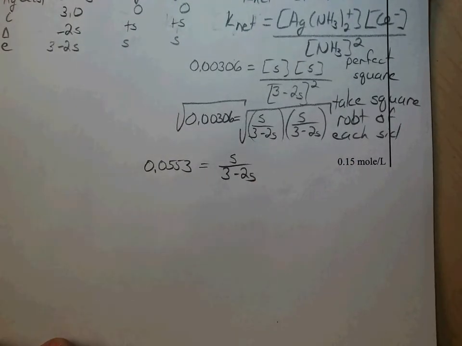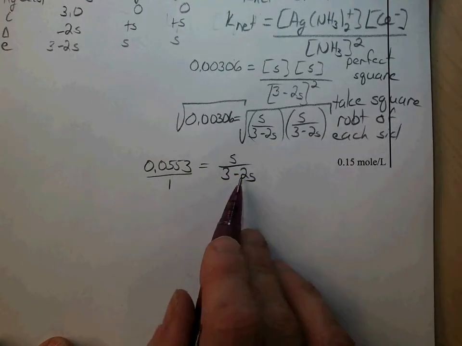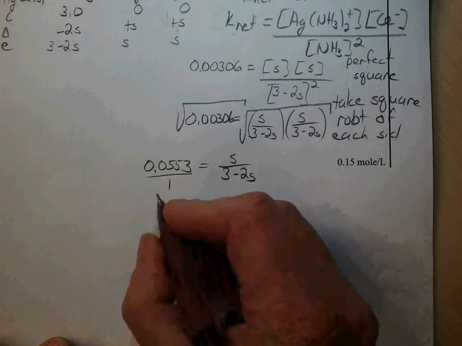So we simply have a bit of algebra to go through to solve this. We'll do a cross multiplication. This times this is equal to this times that.